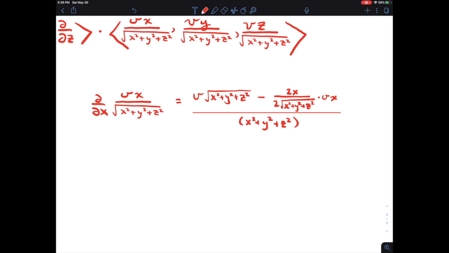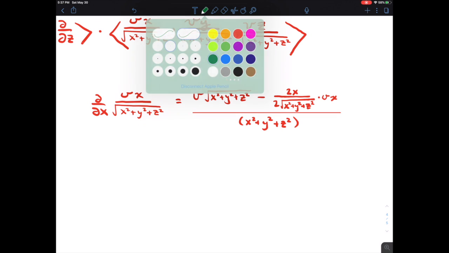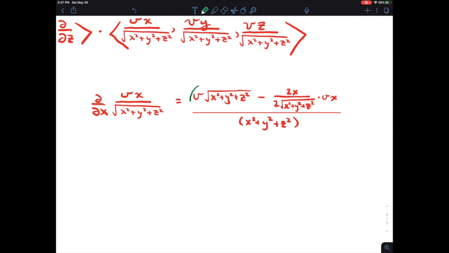Okay. And with this one, the best way of managing that is to multiply the top and the bottom by the square root. So if we put in the square root of x squared plus y squared plus z squared, I think it becomes manageable.